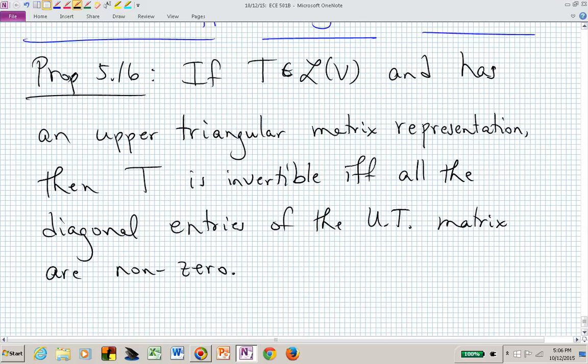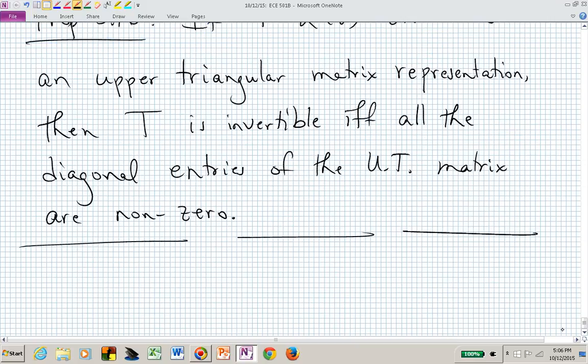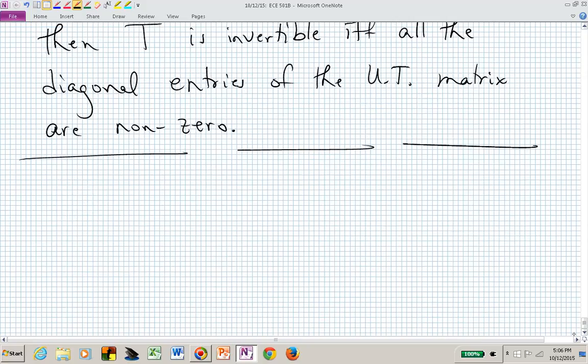So now if you have an upper triangular matrix representation, you can look on the diagonal and quickly, if any of those are zero, you know that linear operator is not invertible. If they're all non-zero, they can be negative, they can be positive, they just need to be non-zero, then you can invert that linear operator.